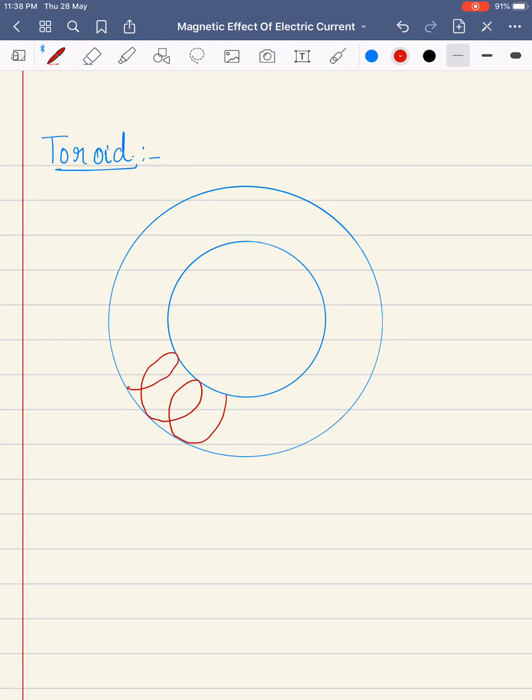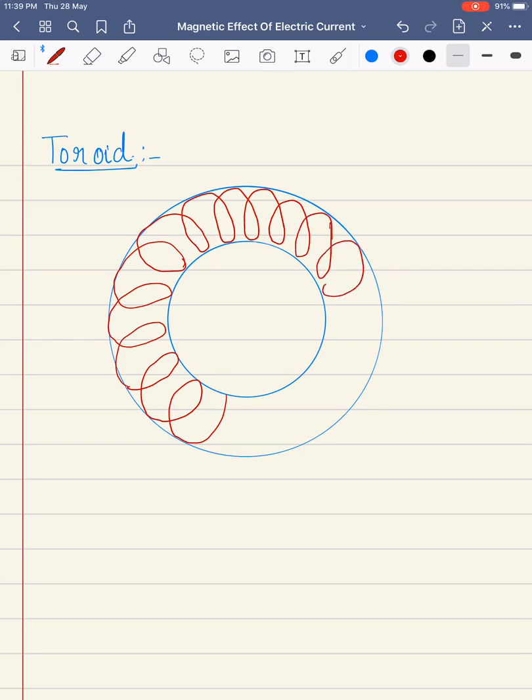So when you bend the solenoid in the form of a ring-like structure, the new structure that you get is a toroid. So this is nothing but a toroid.